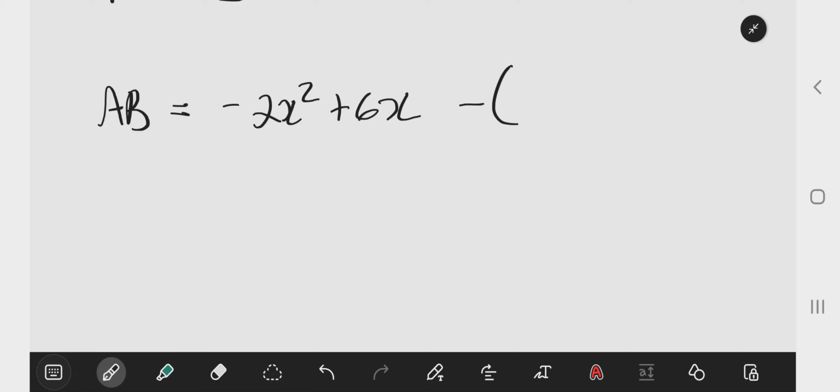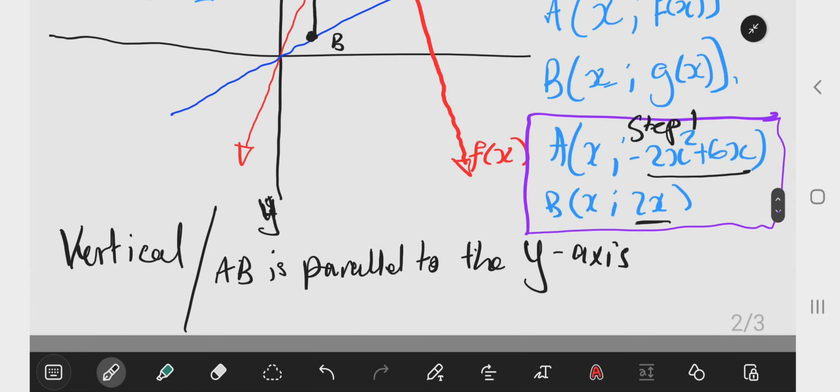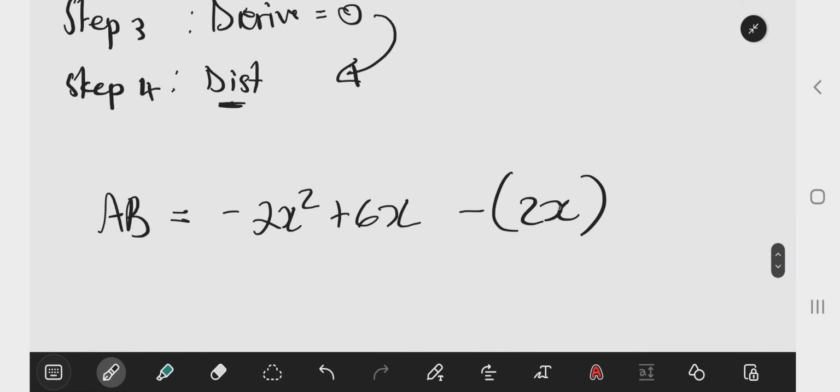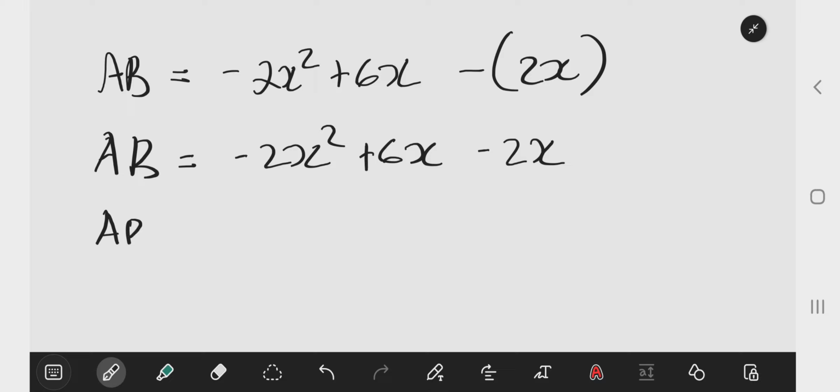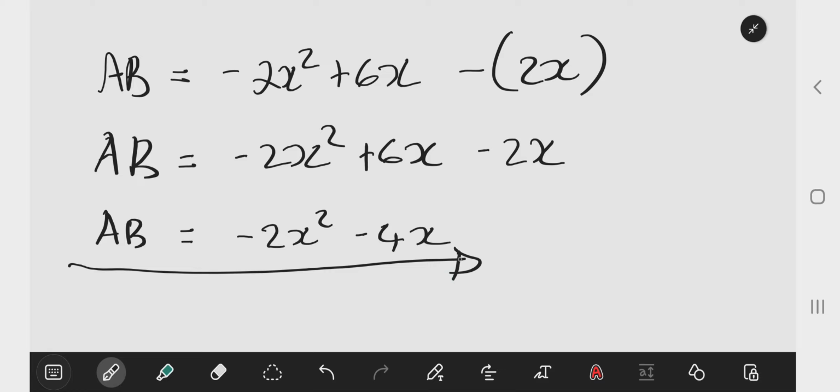Bese ngiminasa y wangaphansi. Y wangaphansi ila ku B, which is 2x. So now distance yami la AB is equals to, nanga simplifier, AB is equal to minus 2x squared plus 4x. So now distance yami ke la, le distance siyibona ukuthi in terms of x, right? So le distance AB is minus 2x squared plus 4x.